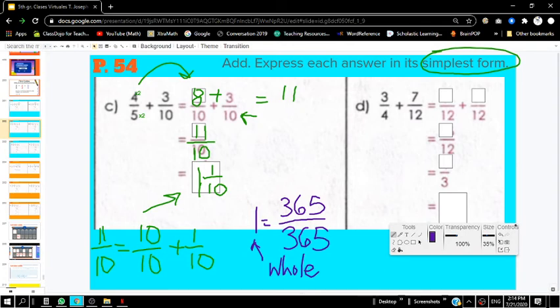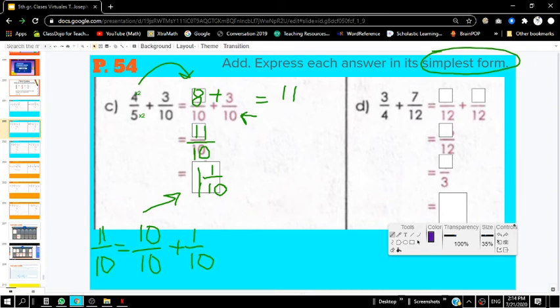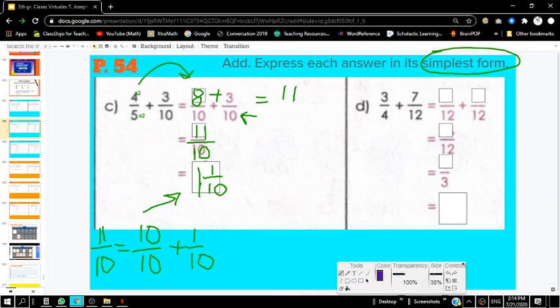All right, let's do that last problem. The last problem says 3/4 plus 7/12. Again, my denominators are not the same, so let's make them the same. What we need to do is multiply each side of the first fraction by 3. 4 times 3 and 3 times 3. 4 times 3 now is 12ths, and 3 times 3 is 9ths.